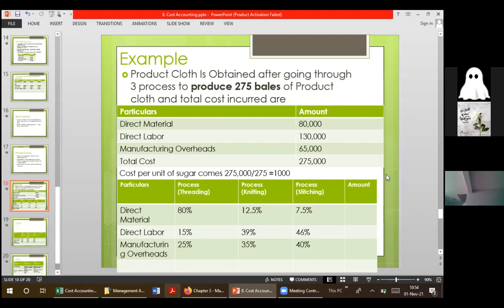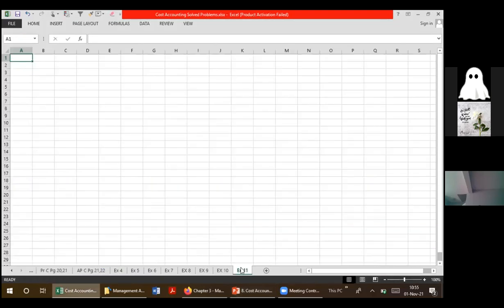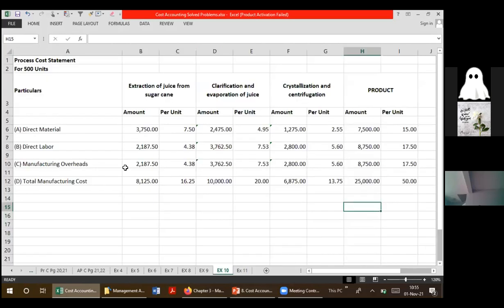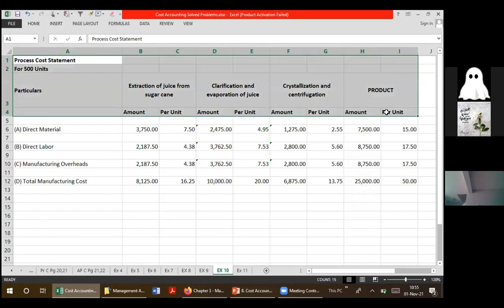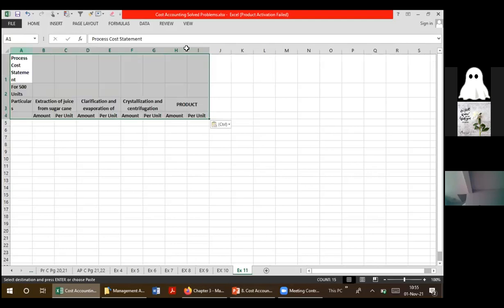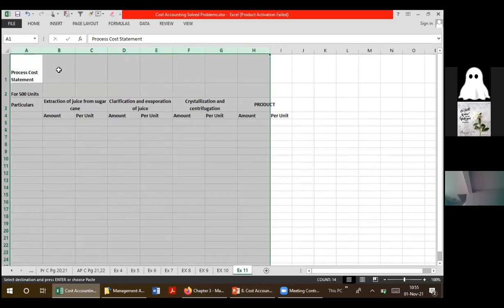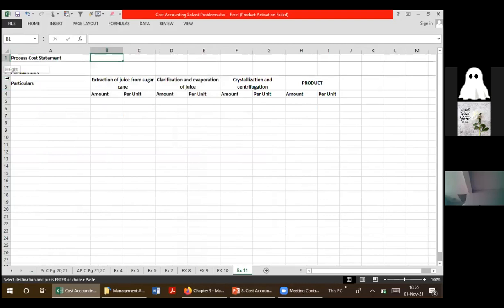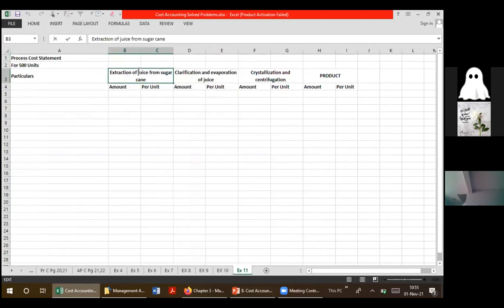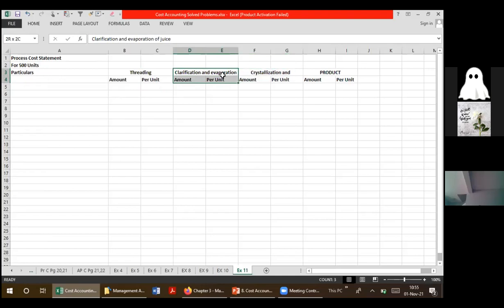Solving it then. Just copy this part. And the names of the processes are made up names.